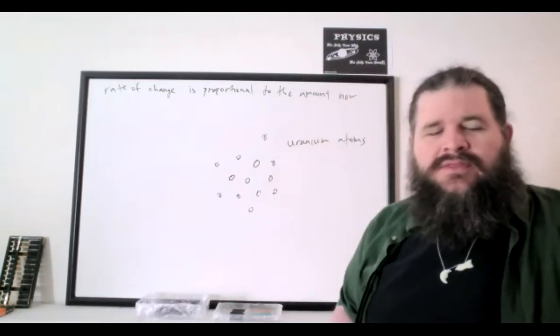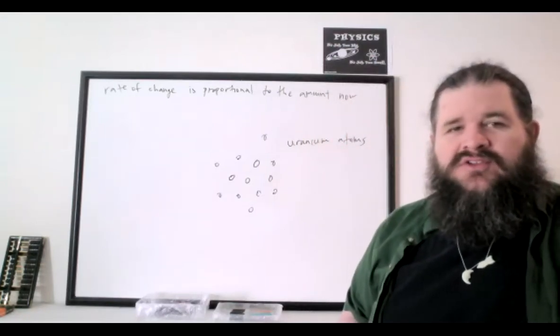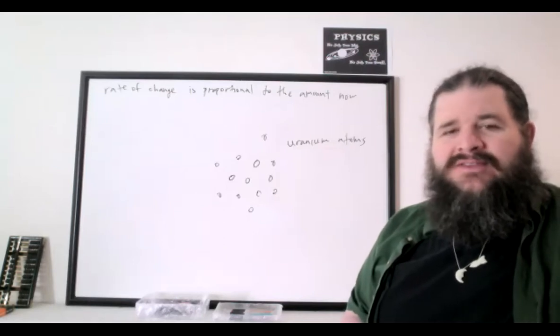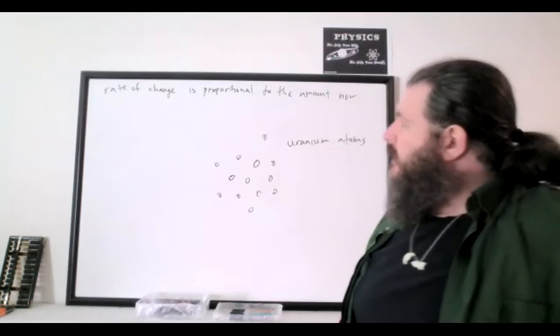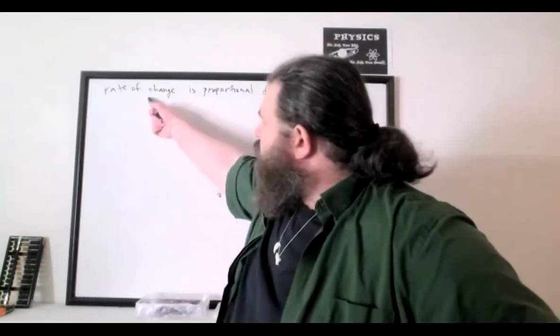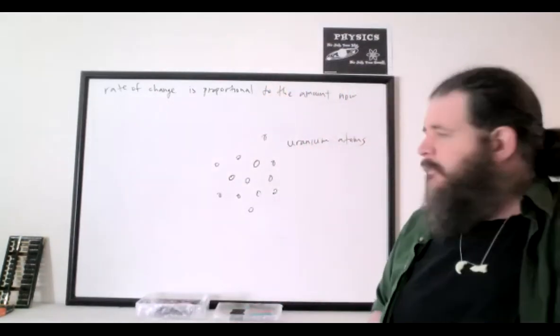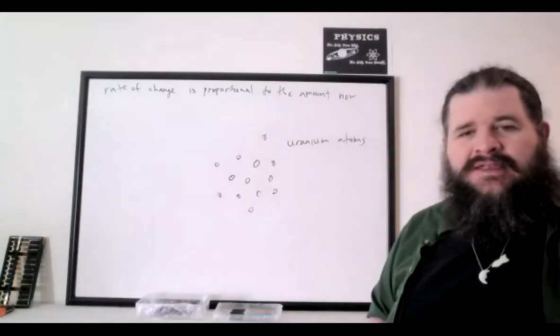This is really the thing that all exponential change situations have in common. The proportionality, the behavior that leads to exponential change, is anytime you've got a system where the rate of change of some value is proportional to its value right now, that's going to lead to exponential decay.